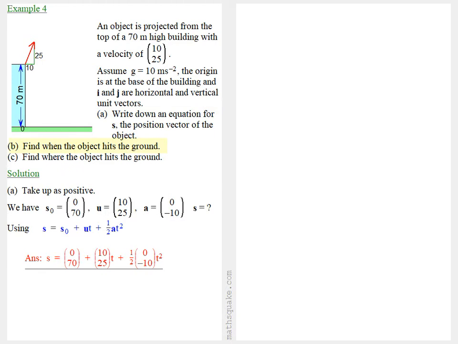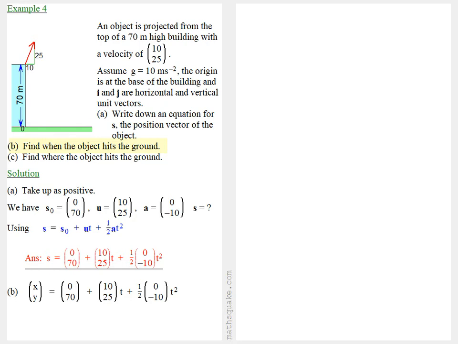Now in part B, we're asked to find when the object hits the ground. Well, we can write our equation in vector form as (x, y) = (0, 70) + (10, 25)t + ½(0, -10)t².